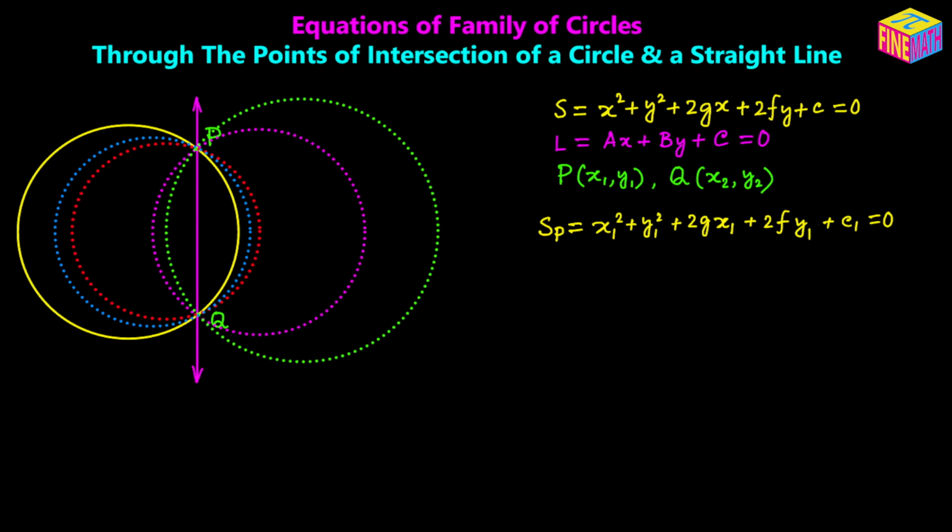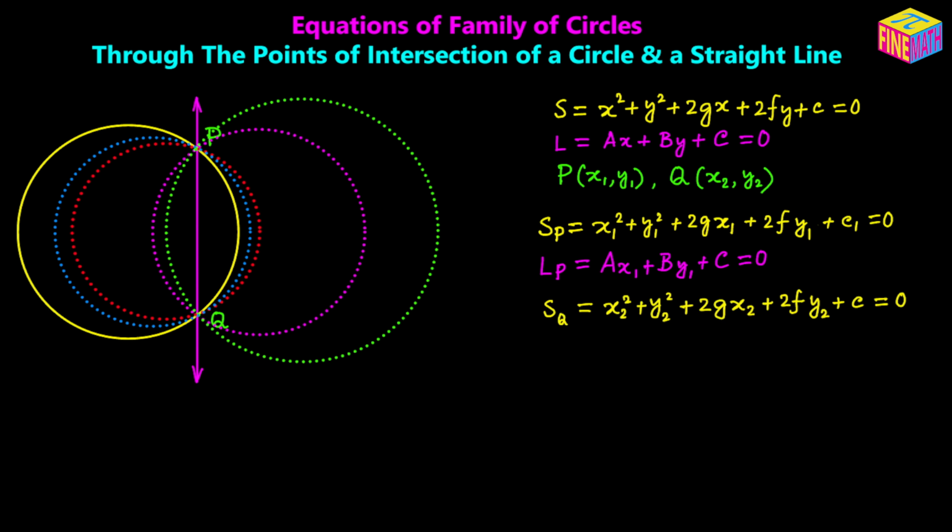S sub P is the left hand side expression of the equation of the circle when satisfied by the coordinates of the point P. Next, I am going to satisfy the equation of the straight line with the coordinates of point P, and let's call the left hand side expression L sub P. Next, I am going to satisfy the equation of the circle with the coordinates of point Q, and let's call the left hand side expression S sub Q. And then I am going to satisfy the equation of the straight line with the coordinates of the point Q, and let's call the left hand side expression L sub Q. Now I am going to assign a number to each of these equations.